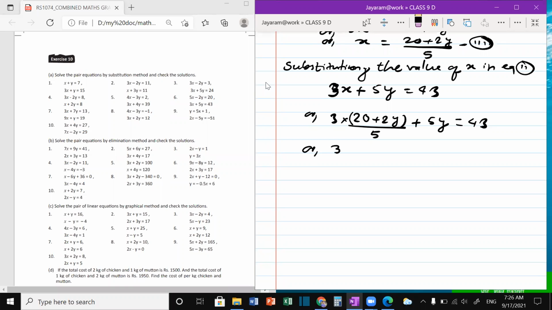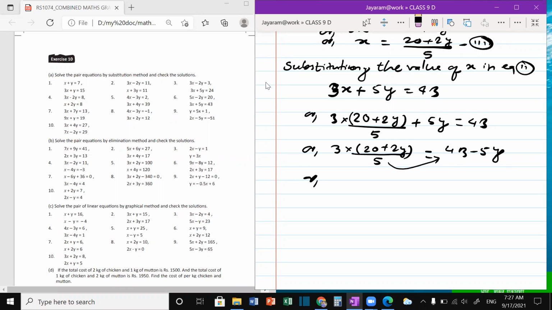Now 3 into 20 plus 2y by 5. Whichever you feel easy, you can do. As you said, we can do this way also, 43 minus 5y. Okay, fine. In this step, 5 will multiply, now cross multiplication.